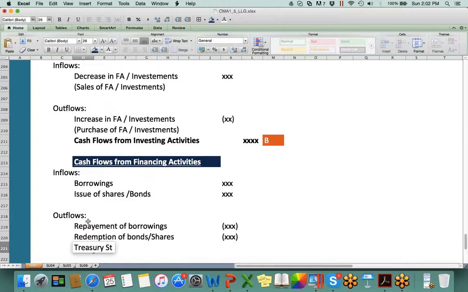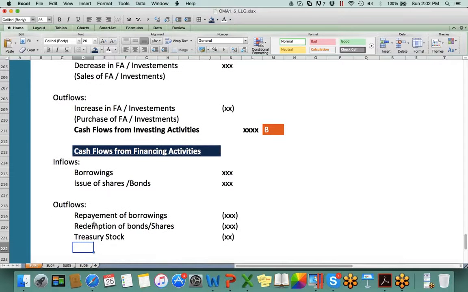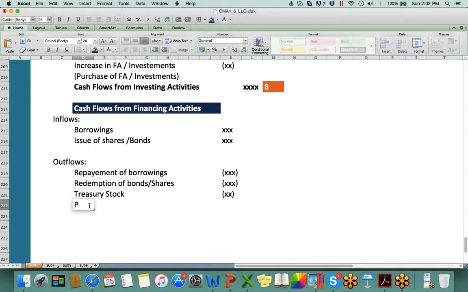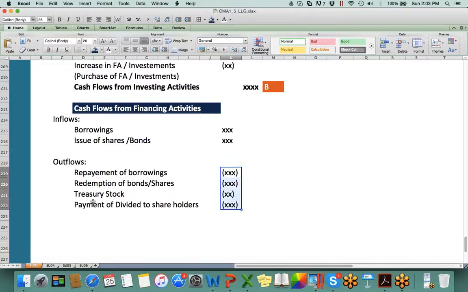Then treasury stock. Remember, treasury stock means our own shares we are buying back, so obviously cash goes out. You should just think about whether the cash is coming in or going out. And payment of dividend to our company shareholders should also be deducted.